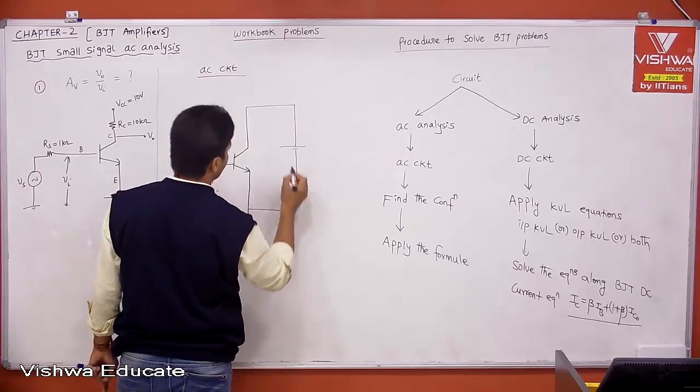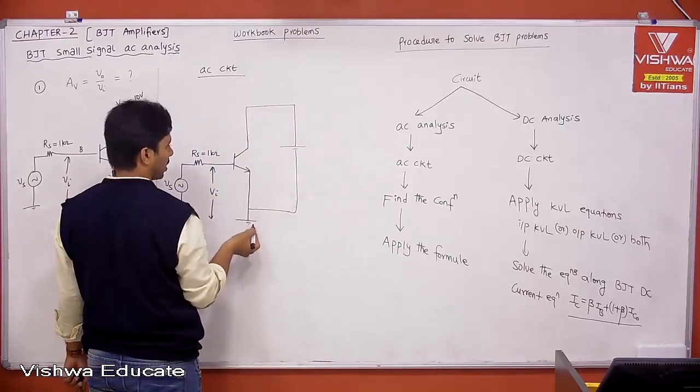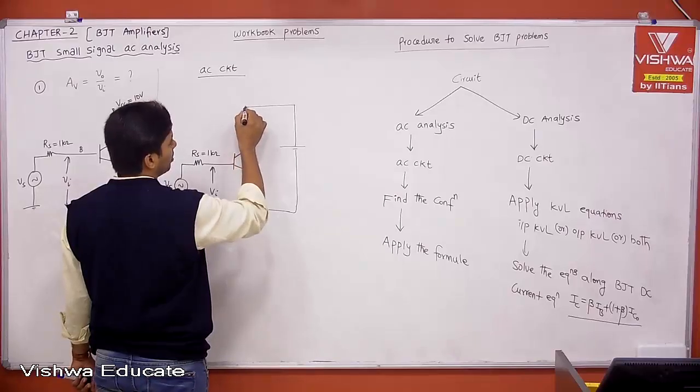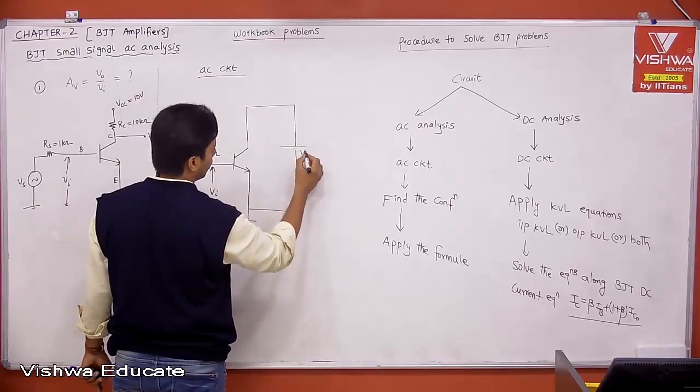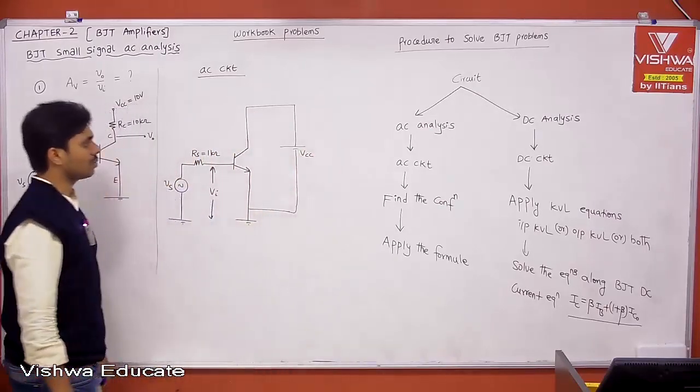Instead of representing it like this, normally people specify the node voltage with respect to ground. By default, if a node voltage is specified, the reference is ground only. Therefore, this is your VCC, right? This is what is given.